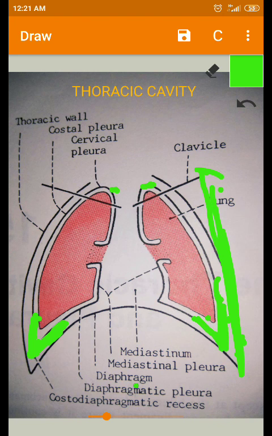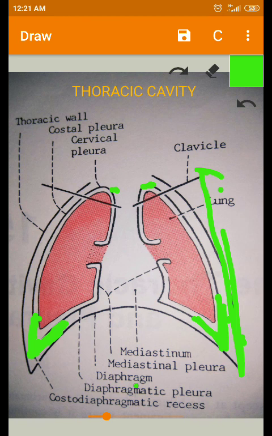This is the first part of the pleural cavity to be filled up by pleural effusion. I have already given some terms. If the space is filled with air, it is called pneumothorax. If it is filled with blood, it is called hemothorax. And if it is filled with pus, it is called empyema.